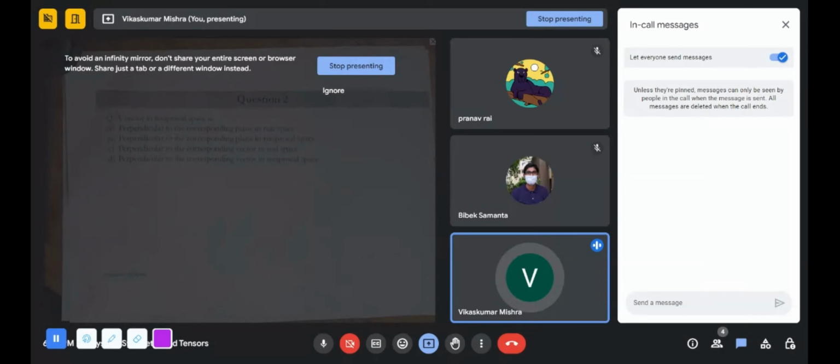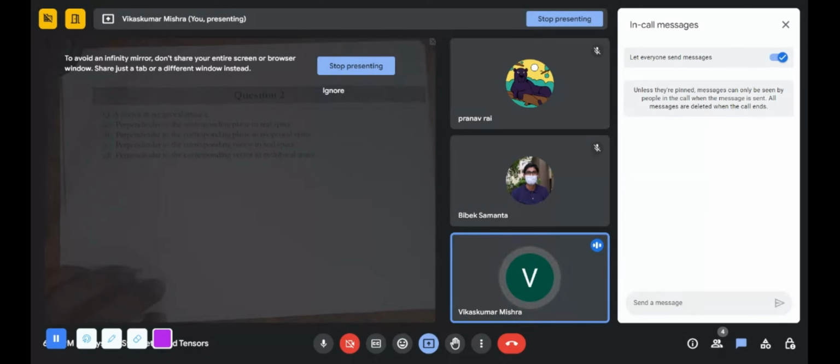The question number 2 is telling that a vector in the reciprocal space is perpendicular to the corresponding plane in the real space, perpendicular to the corresponding plane in the reciprocal space, perpendicular to the corresponding vector in the real space, or perpendicular to the corresponding vector in the reciprocal space. In the lecture, two properties of G star HKL were discussed.